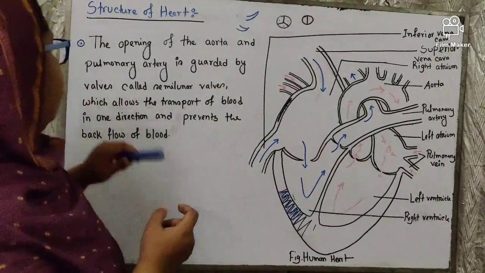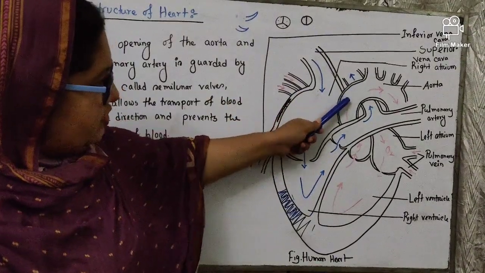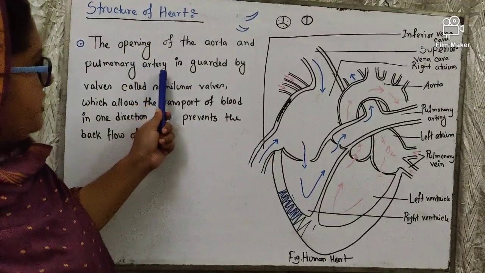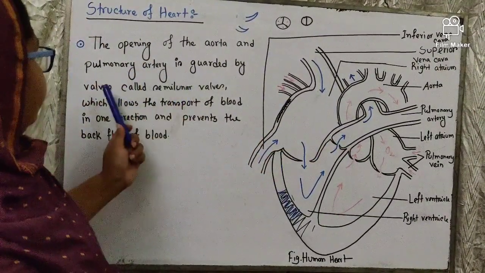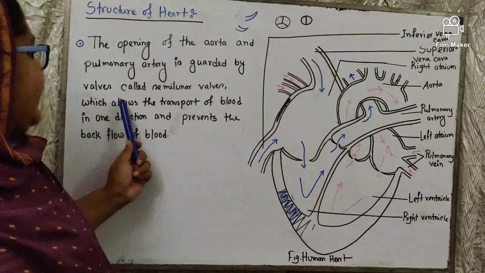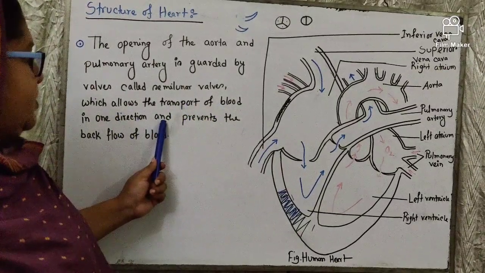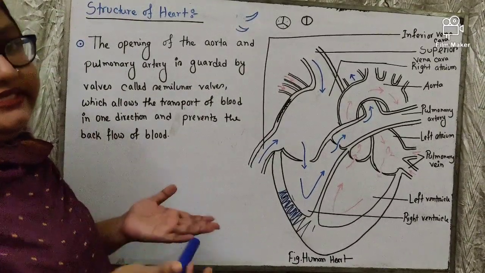So what happens? The openings of the aorta and the pulmonary artery are guarded by valves called semilunar valves, which allow the transport of blood in one direction only and prevent the backflow of blood. What does it mean?